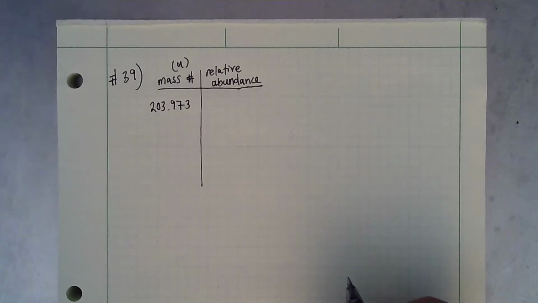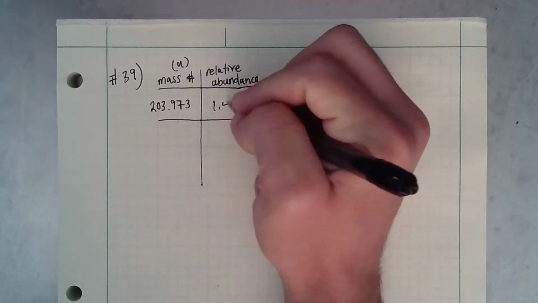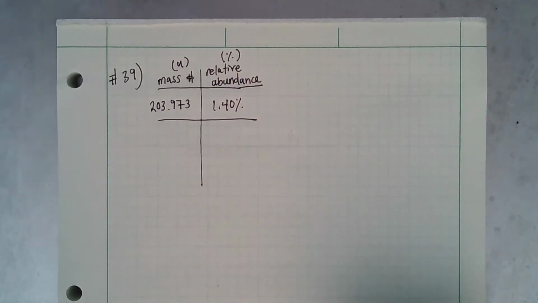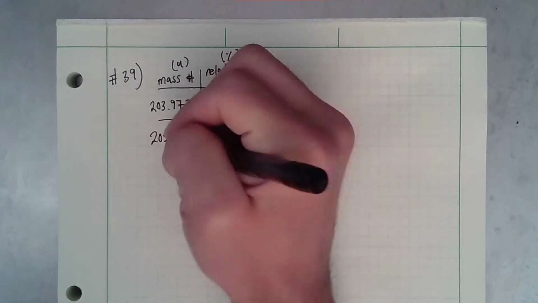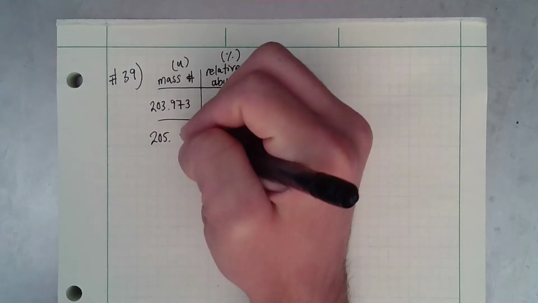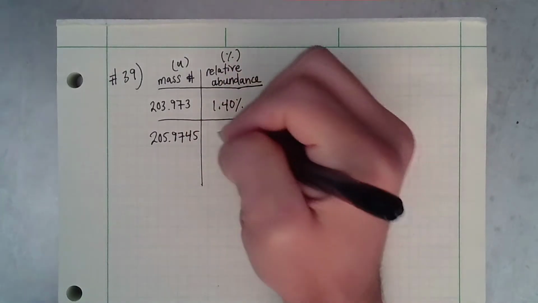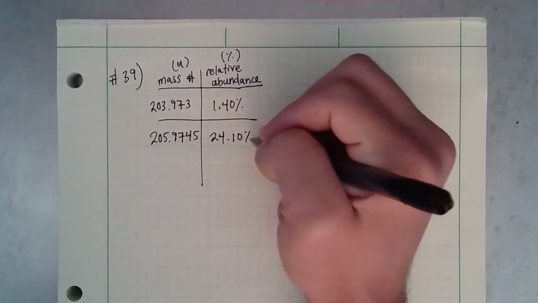That isotope had a percentage of 1.40%. You could put a little percent sign here. And then I'll just go ahead and fill in the rest of these. 205.9745. That percentage was 24.10.